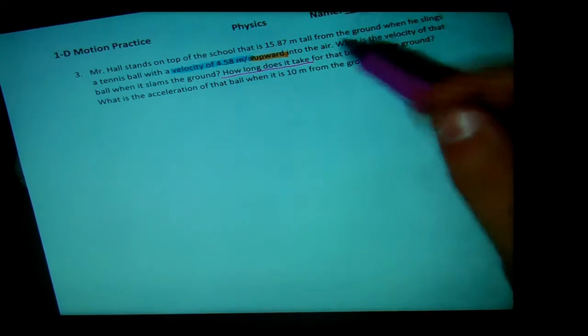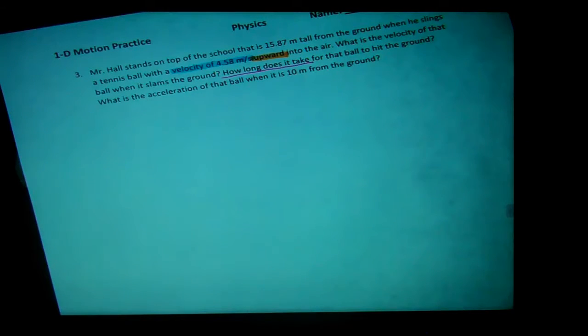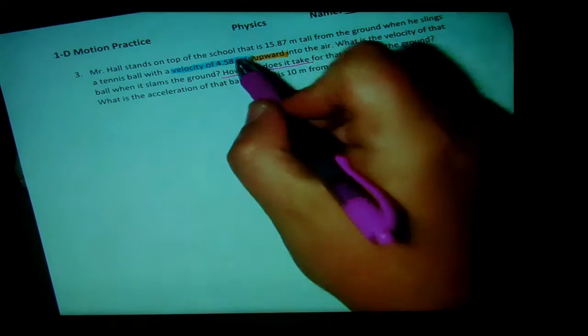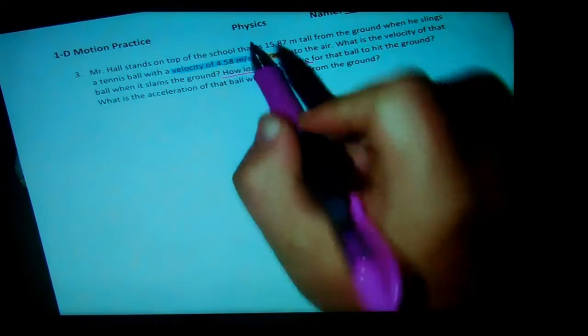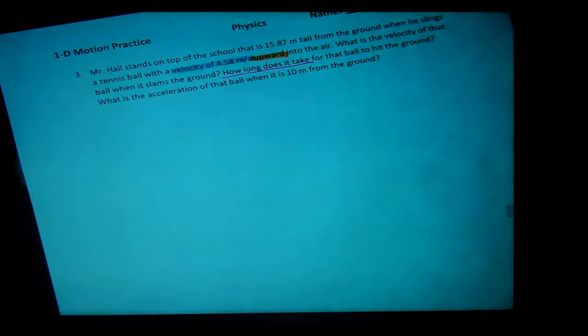That's why, whenever I work this problem, in case I don't get to solve it on a video, this velocity, at 4.58 meters per second, I'm going to make negative so that my down direction is still positive.